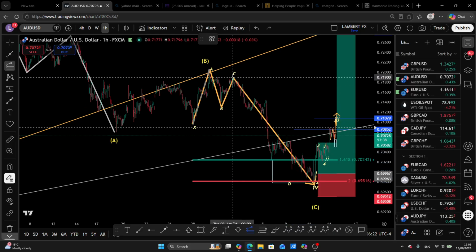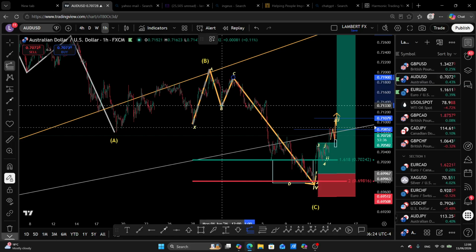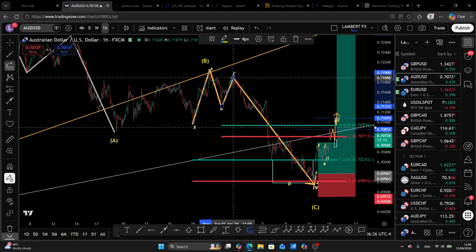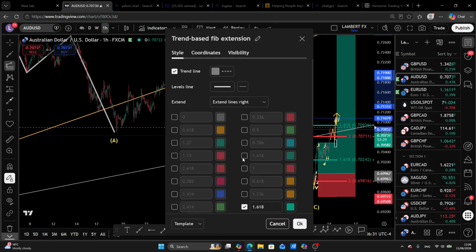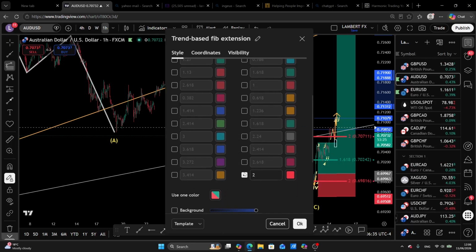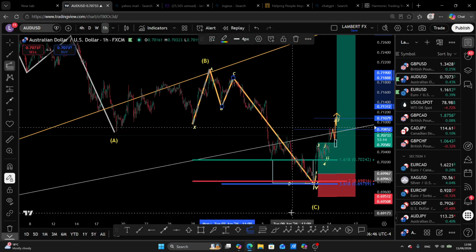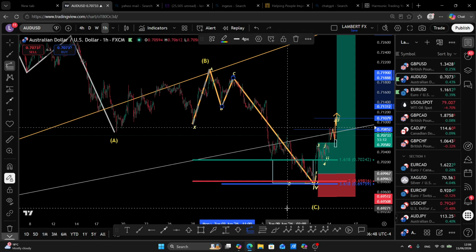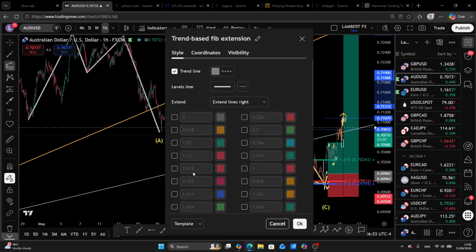Take fib extension, measure from your C to your B, back to your C, and we need numbers between 2.618 to 3.618. So any number that converges closely to our 1.618 is the number that we're looking for. Obviously not 3.682 because it's right below the 2.0.